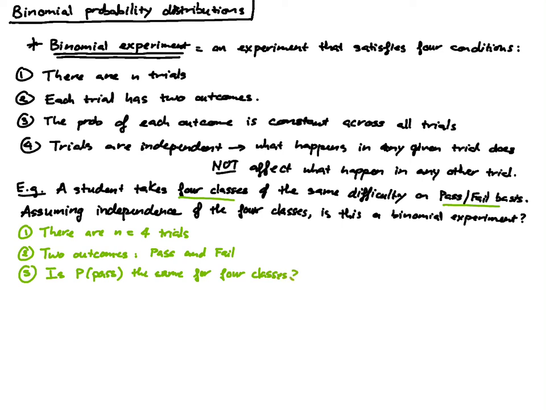And then is the probability of failing the same for all four classes?